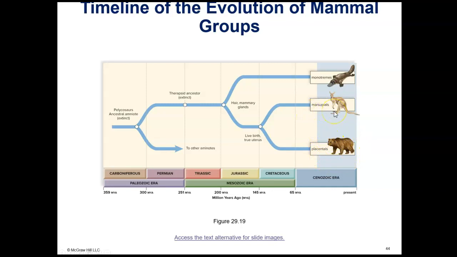Then we have the marsupials, where the fetus that is not ready to be born and face the world on its own yet, climbs to the pouch of the mother and attaches to a nipple and completes development in the pouch. And monotremes are actually egg-laying mammals.